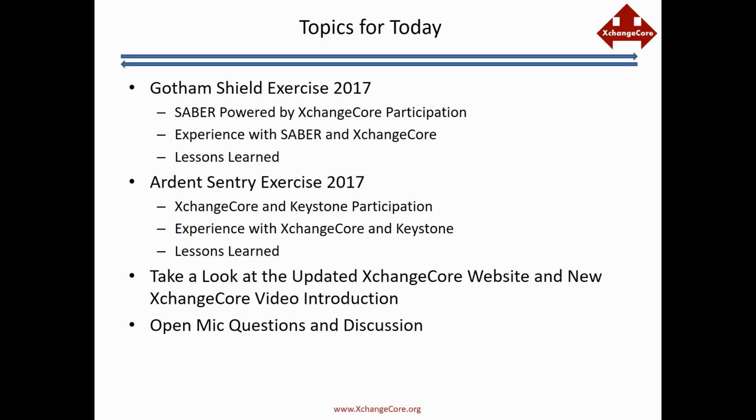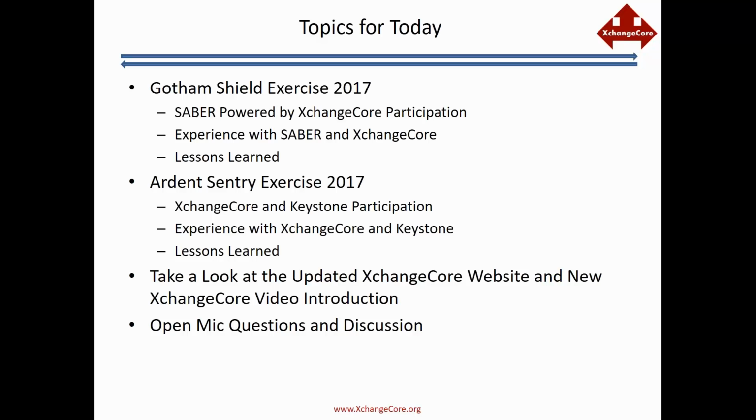So we're going to start out by taking a look at the Gotham Shield exercise, the participation of SABER and XchangeCore, the experience that was gained during that exercise, and then lessons learned that came out of it. And follow the same pattern in Ardent Sentry, but Ardent Sentry is a combination of XchangeCore and the military version of XchangeCore, which is called Keystone.